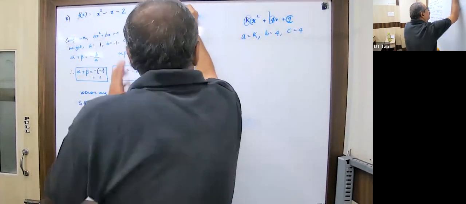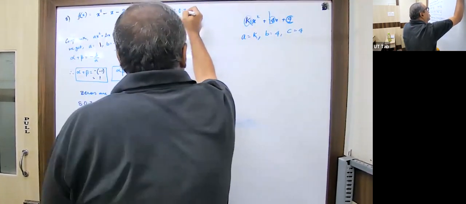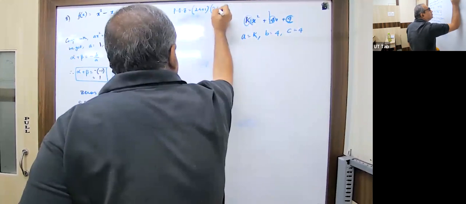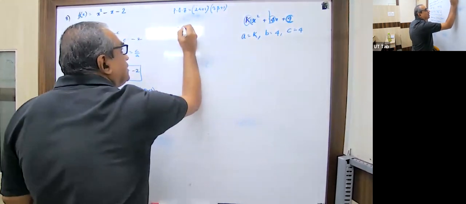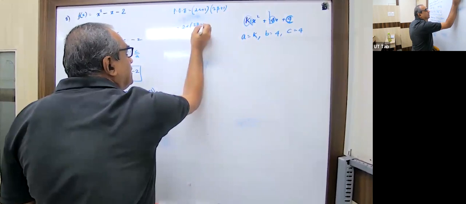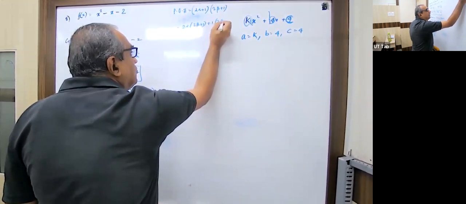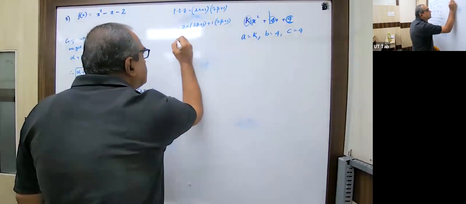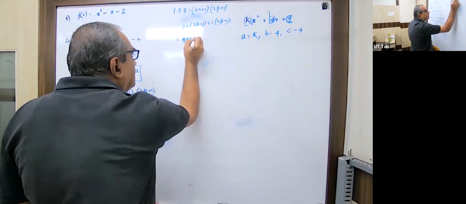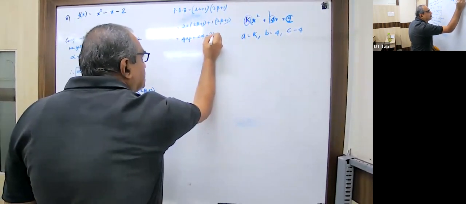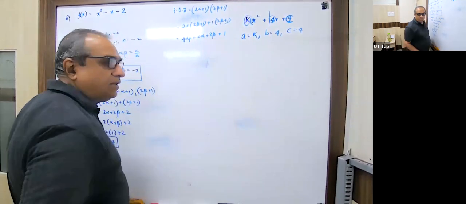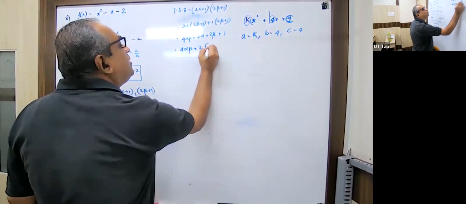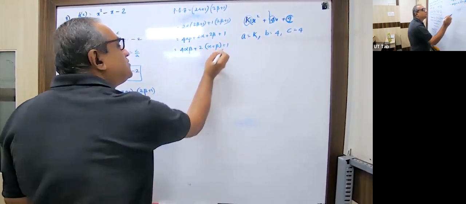Product of the zeros. That is 2 alpha plus 1 into 2 beta plus 1. Yes or no? I'm opening the brackets. That is 4 alpha beta plus 2 alpha plus 2 beta plus 1, which is 4 alpha beta plus 2 into alpha plus beta plus 1.